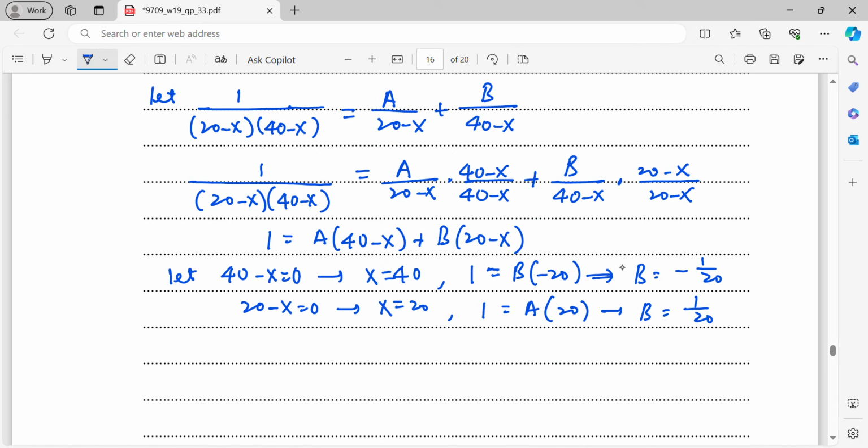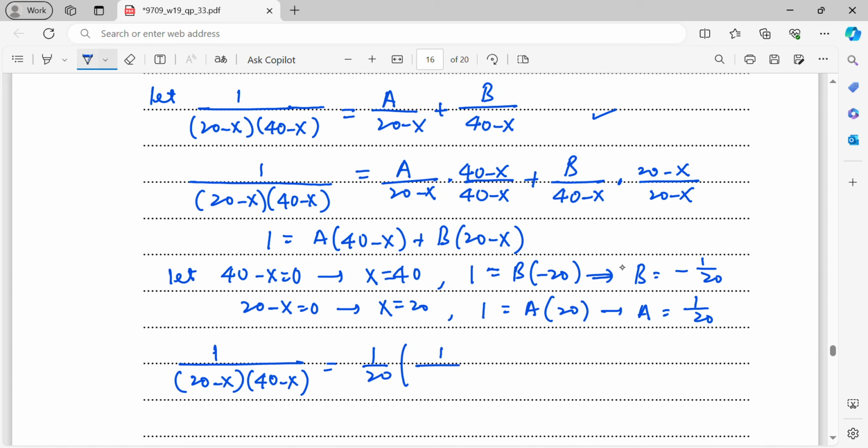Okay, after I found this, I will substitute back into the left-hand side, I mean these partial fractions. So it will be 1 over 20 minus x times 40 minus x. Okay, wait, mistake, this is a, not b. Since both have the same fraction, I will factorize it.